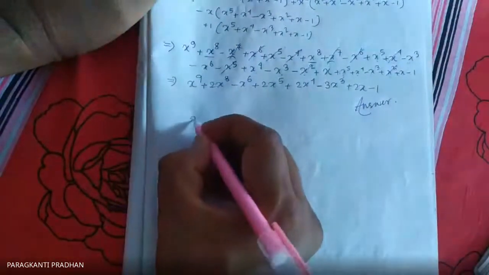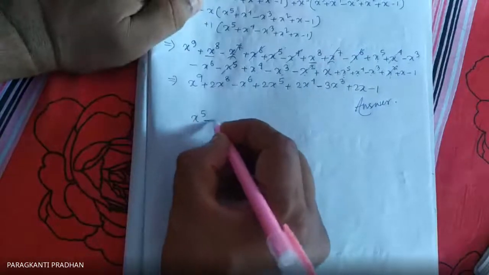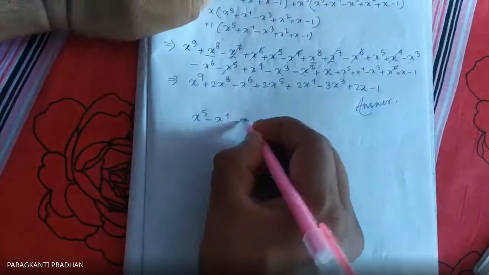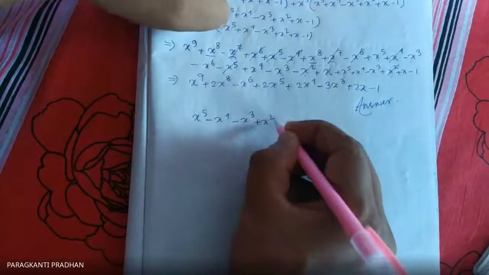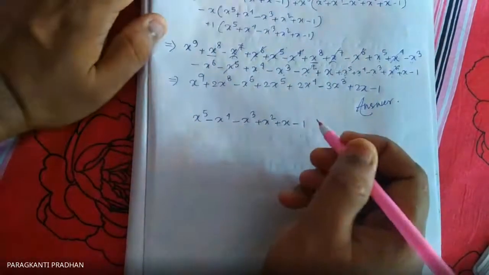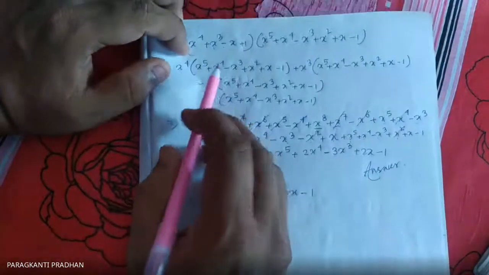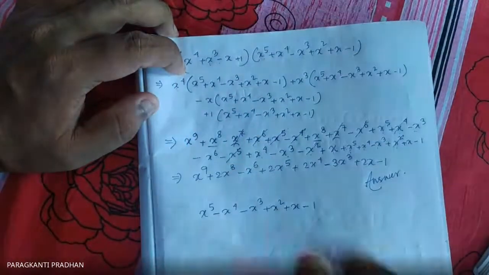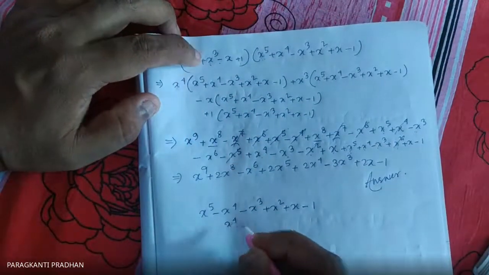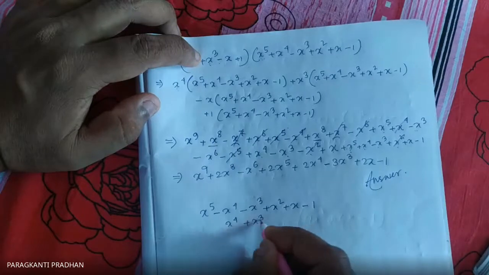Similarly, you can add this by the row method or the column method also. So write x to the power 5 minus x to the power 4 minus x cube plus x square plus x minus 1. And then this is the x to the power 4 term, so write the x to the power 4. Then x cube plus x cube.